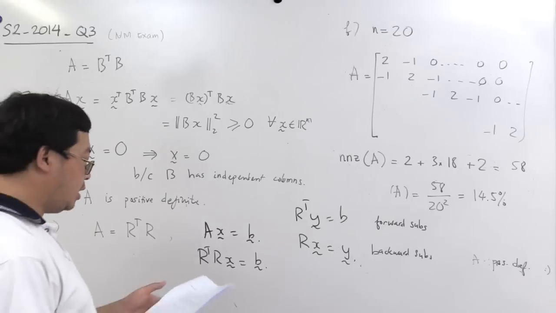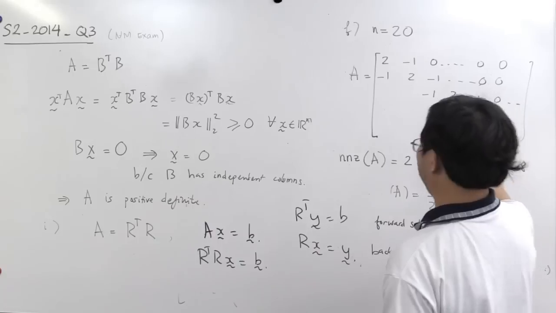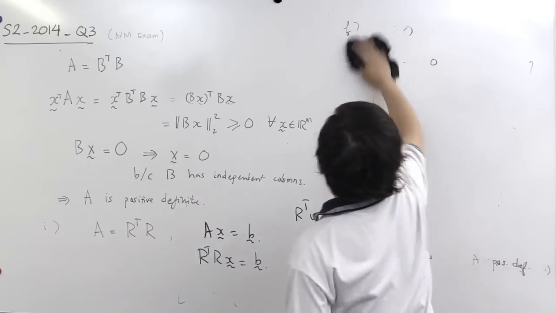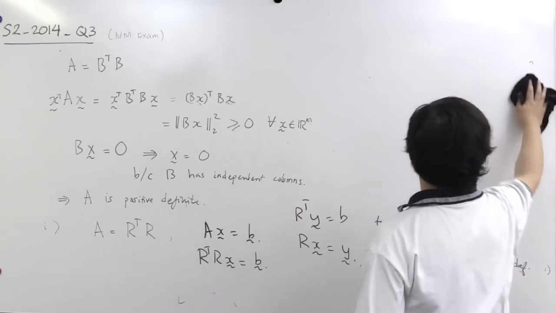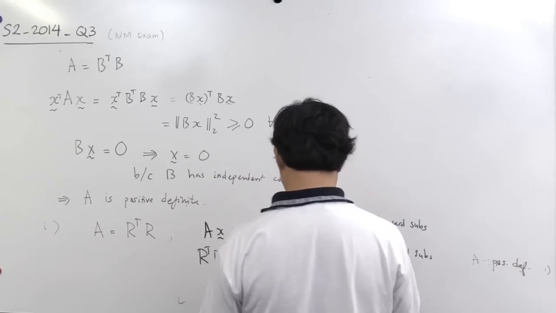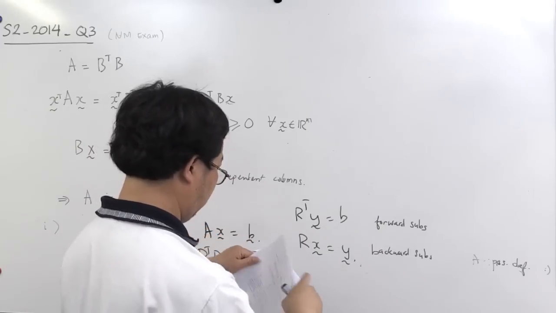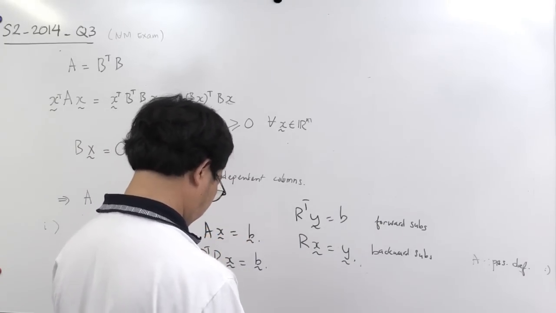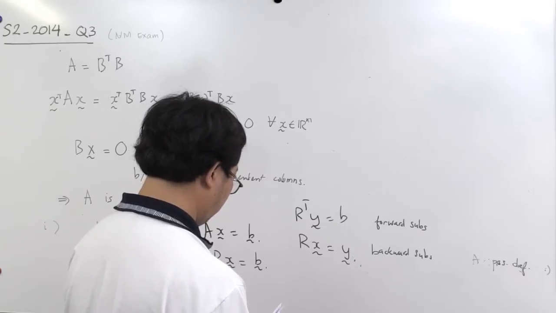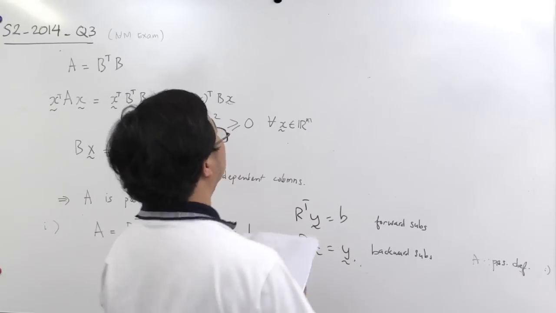So the very last question is, now you go back to 3.2 again. So 3.2 is given like this.